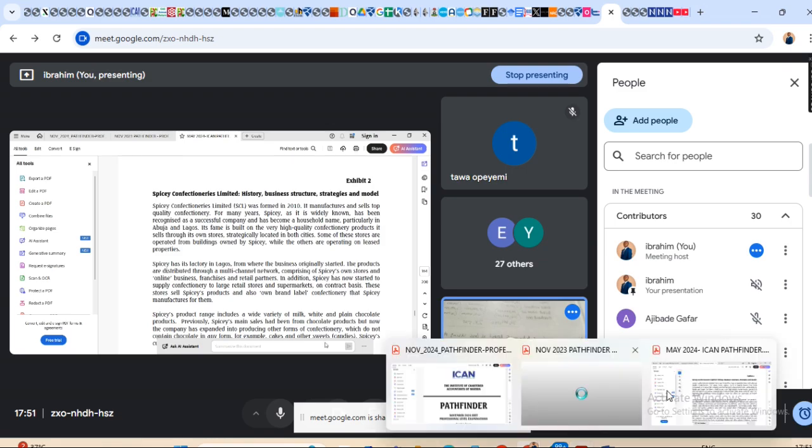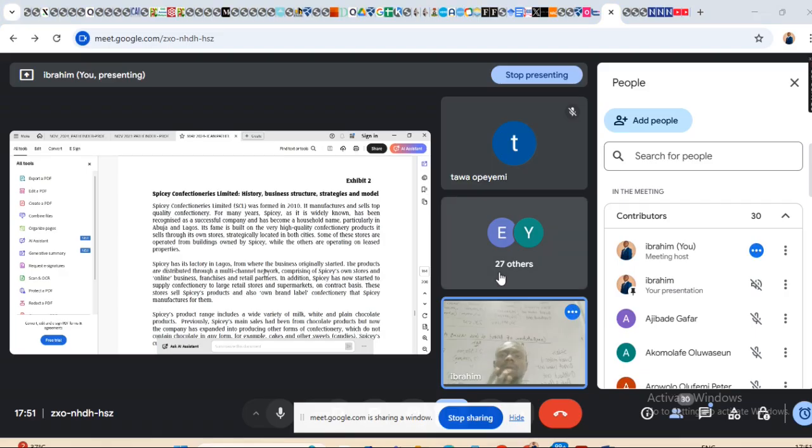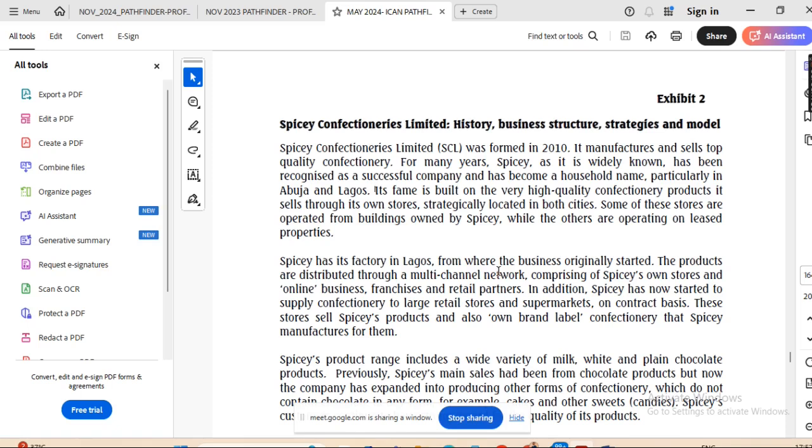Something should just come to your mind on that side, right? Just take note: its firm is built on very high quality confectionery products. Can you see it? Its firm is built on what? On the very high quality confectionery product.